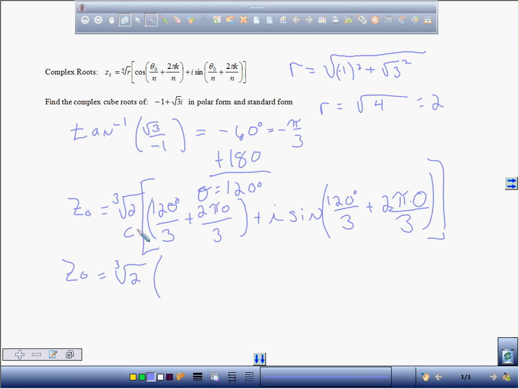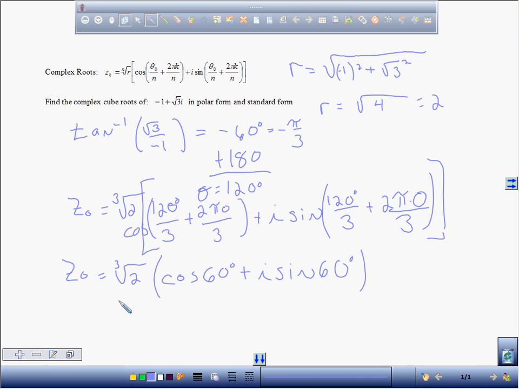I'm sorry, there should be a cosine right in front of this angle. Cosine of 60. You guys see where I got 60 from? 120 divided by 3 plus 0. Plus i sine of 60, and that is the 0th root. That is one of the cube roots of negative 1 plus root 3 i.